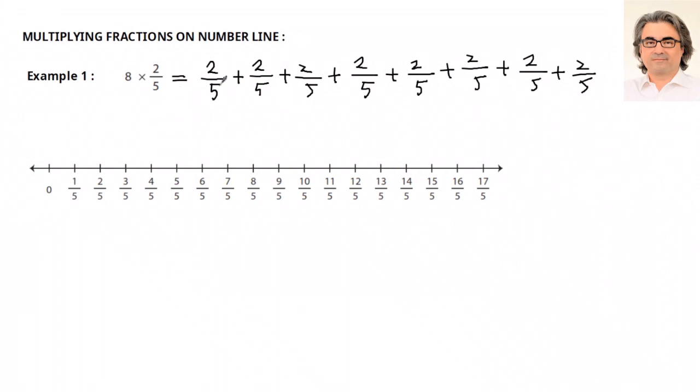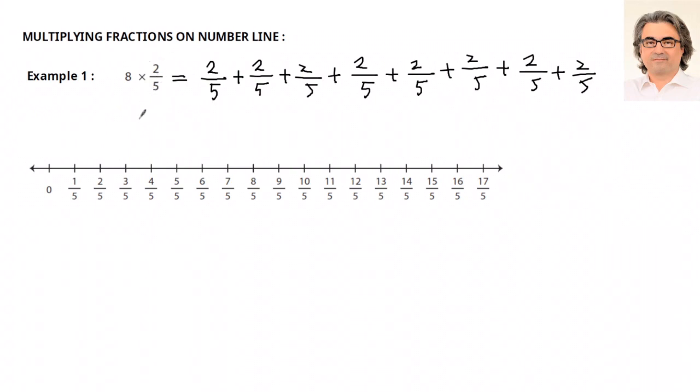Now we know how we may show this addition operation on number line. I prepared before for you the number line, and denominator is very important when working on number line. 5 is very important. Denominator of our fraction is 5.